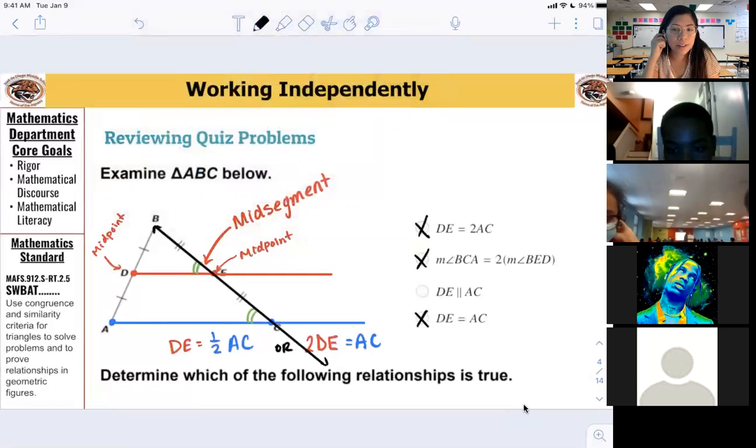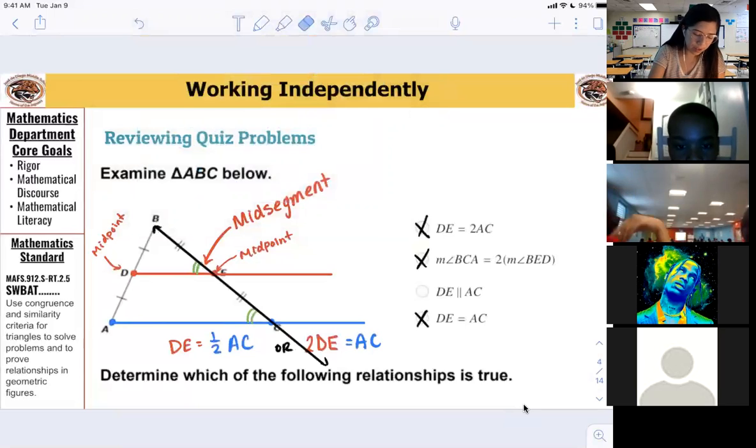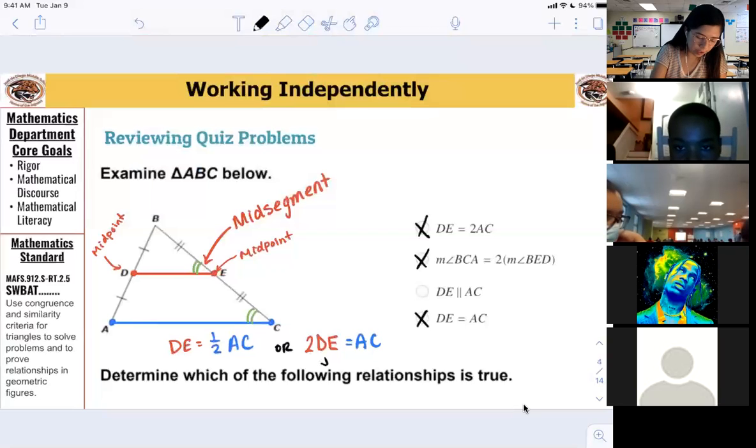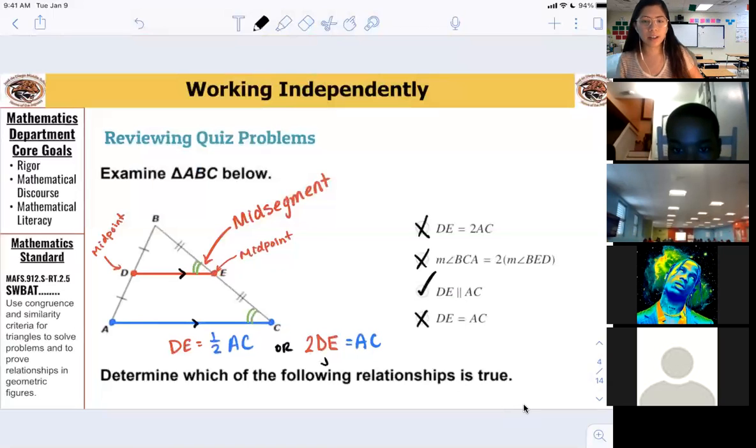They are corresponding angles, so they're actually congruent. They're exactly the same. And I just gave away the answer, which is that line segment DE is parallel. This is my fault. Don't forget that this symbol right here means parallel. So we know that because it's the mid segment, the mid segment is always going to be parallel to the opposite side. So this one is true. DE is parallel to AC.